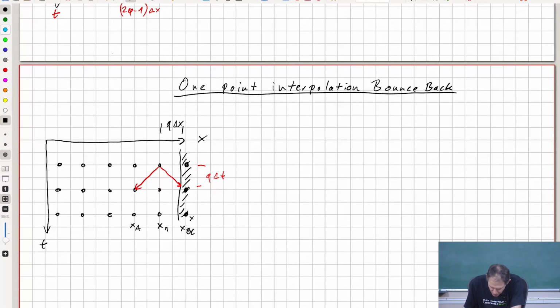And the node here I'll call x virtual because it is a node inside the wall. So what we do now, instead of interpolating just in space, is we use linear interpolation along the characteristic. The characteristic is the thing that moves through space and time. So we use linear interpolation along a characteristic.